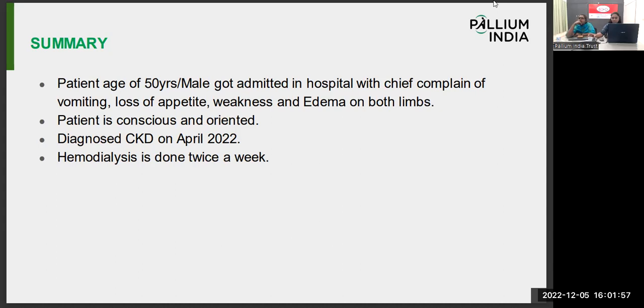So, Swastika, then what about his treatment? That financial help and all, who will help? For this time, his son is the only one helping him.